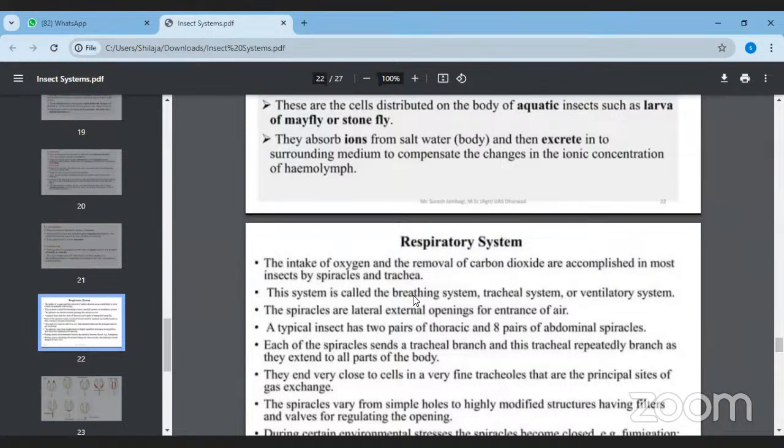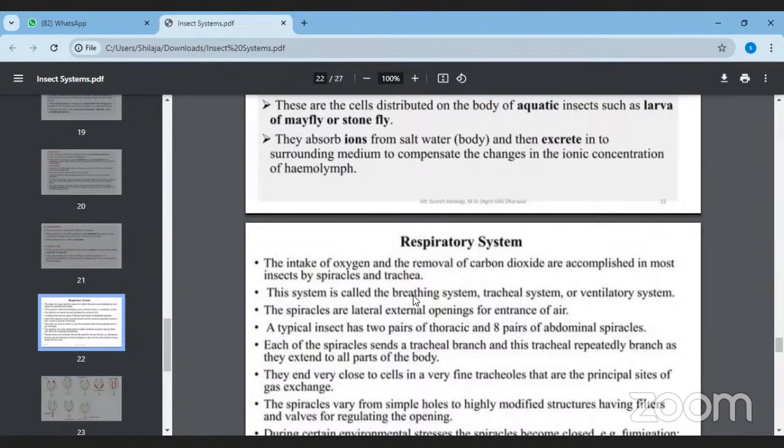Each ganglion of the nervous system and the muscles controls every ventilatory movement, including the opening and closure of the spiracles, and acts as a control center over all these movements.